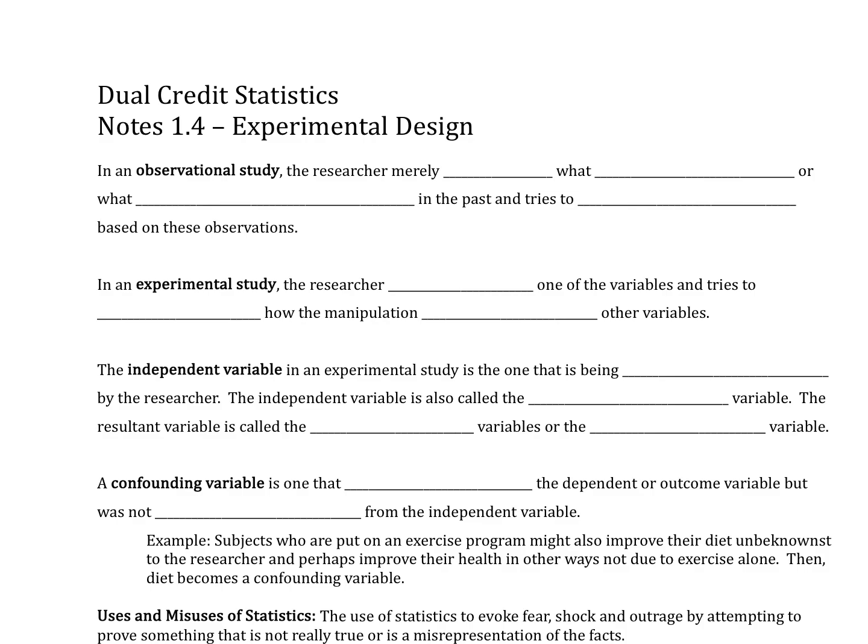So, in an observational study, the researcher merely observes what is happening or what has happened in the past and tries to draw conclusions based on these observations.